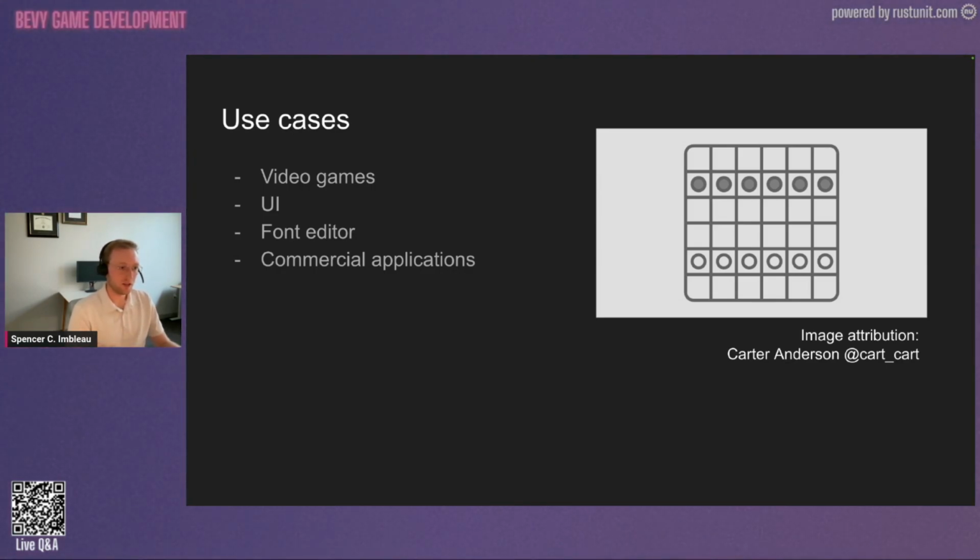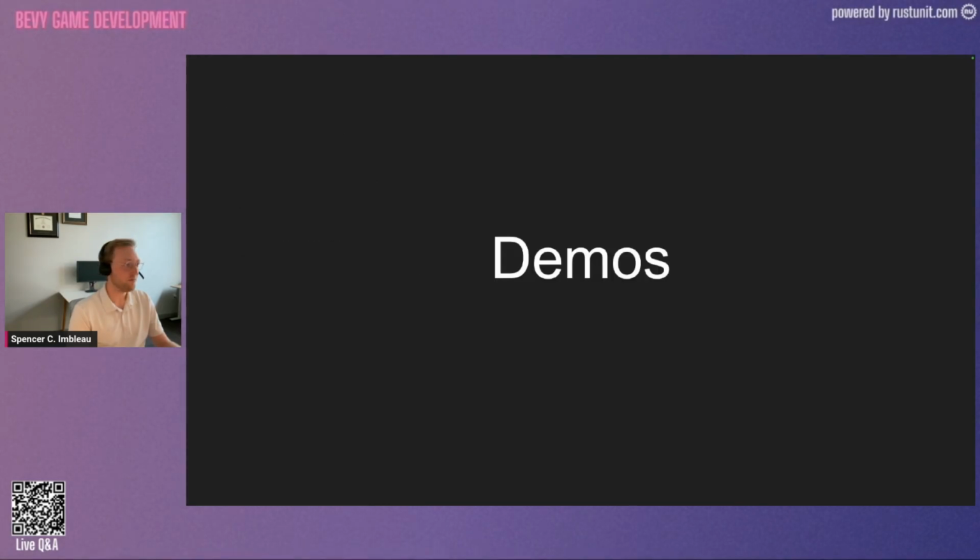And also I just wanted to plug a little image attribution here. Cart, the creator of Bevy, he has been experimenting a little bit with Velo, and I thought that was really interesting and integrating that for UI cases.